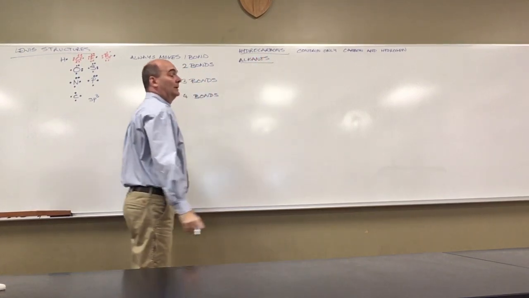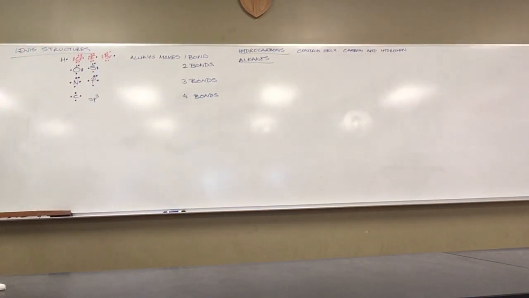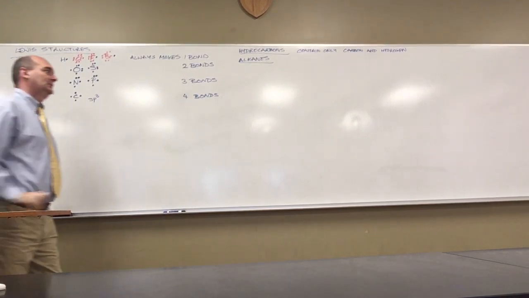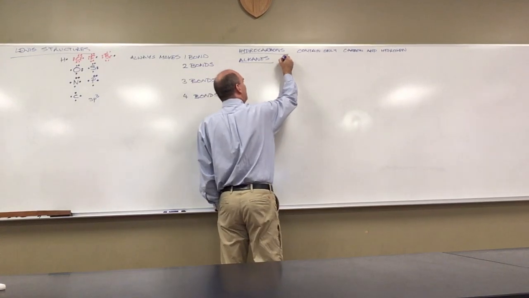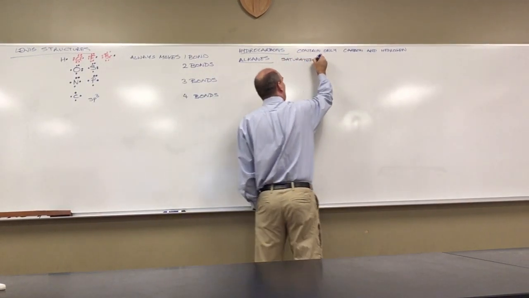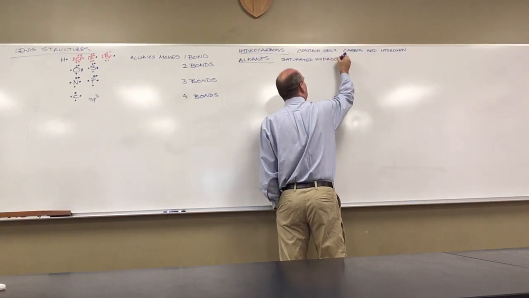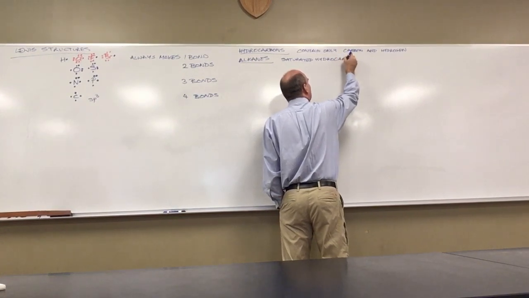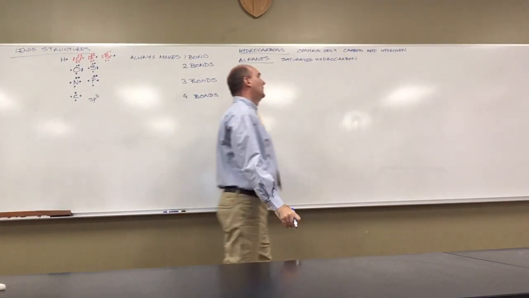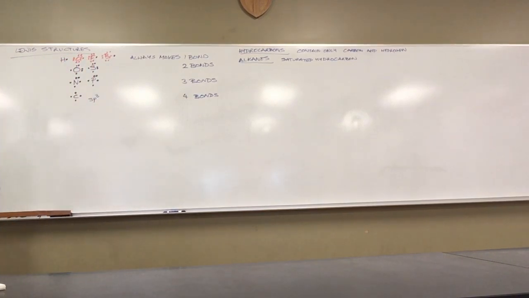A subcategory of hydrocarbon is called alkane, and an alkane is what we call a saturated hydrocarbon. The words saturated and unsaturated have entered into the lexicon through nutrition, where we have saturated fat and unsaturated fat.